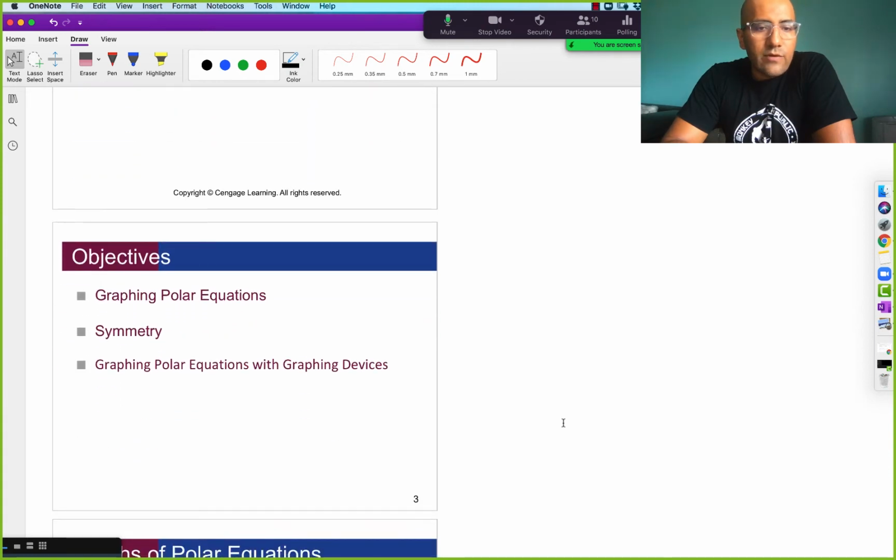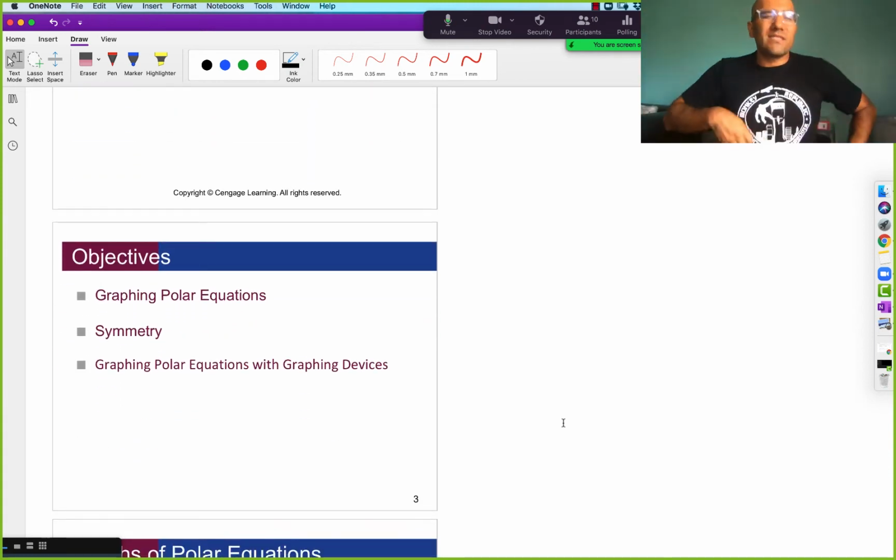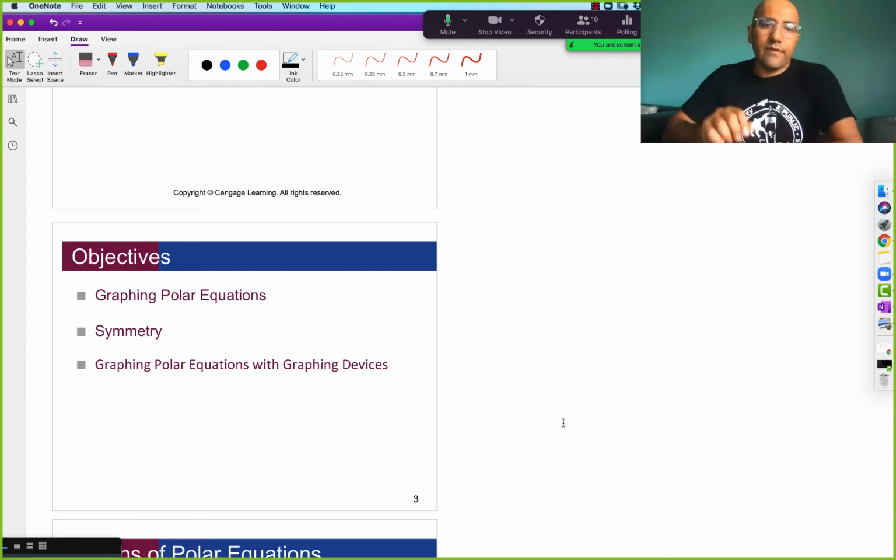Okay, so we're looking at graphing polar equations, sketching it by hand, but you'll very quickly see that it's really hard to do this by hand. So we can just get a nice rough sketch of some of the simpler ones, but we're going to really want to rely on technology to do the heavy lifting. But at least if we do a few of the simpler ones, we get a real good sense of how it's done.